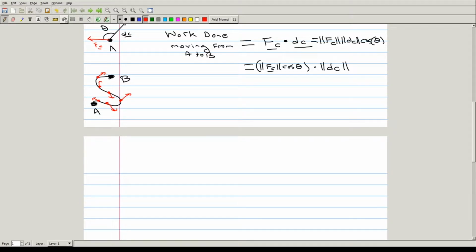So initially this seems like possibly a very complicated thing, but we can just define this curve as the curve C. And we know that for any curve C, we can parameterize it and get the tangent vector, t hat, the tangent vector field to the curve at every given point.